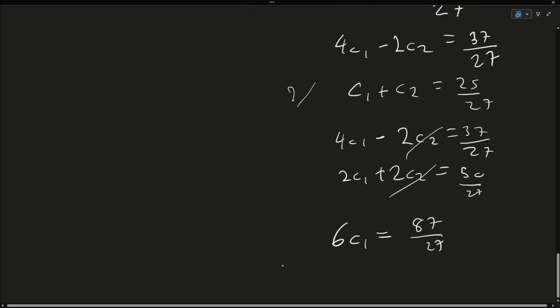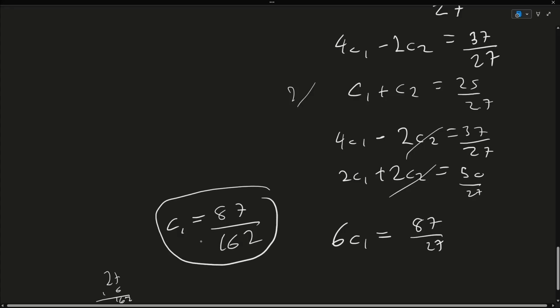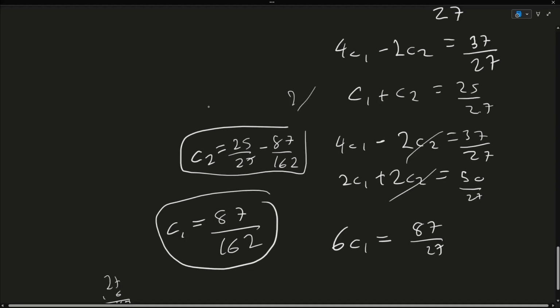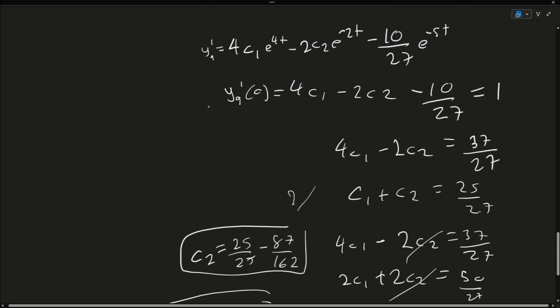So c1 will be 87 over 27 times 6, which is 87 over 162. And c2 will be 25 over 27 minus 87 over 162, and you can just leave it. The fractions are a little bit complicated, it's okay.